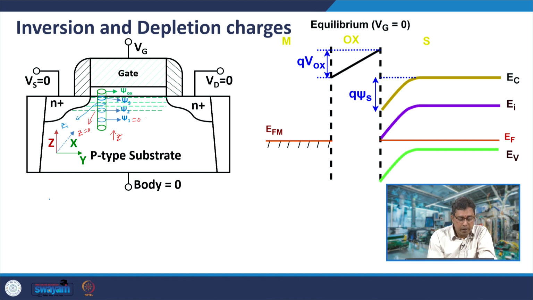So, the electric field at that point z would be, where Nb is the doping density.